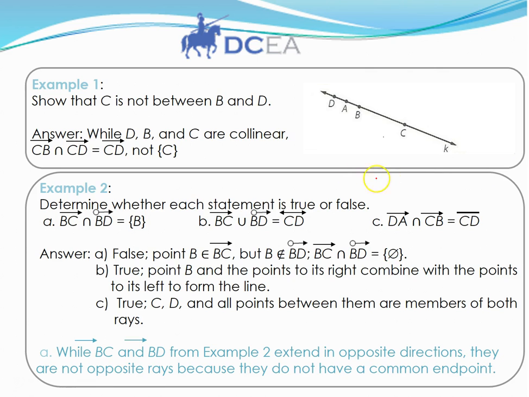Let's look at the last one, C. Ray DA in intersection with ray CB equals segment CD. So DA and ray CB. CB actually crosses back over DA, if you note.